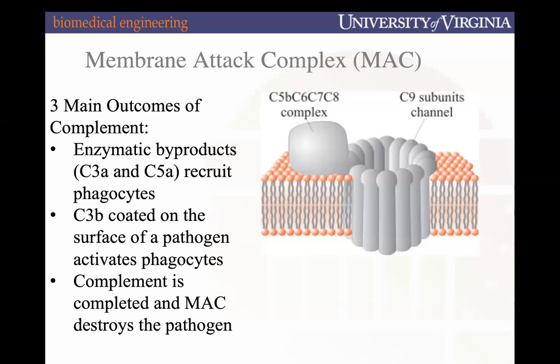Typically, whenever there's some sort of injury or infection, there are inflammatory proteins that are expressed that also cause some degree of edema or inflammation. When we talk about inflammation in immunology, a lot of times we talk about specific proteins that are expressed.